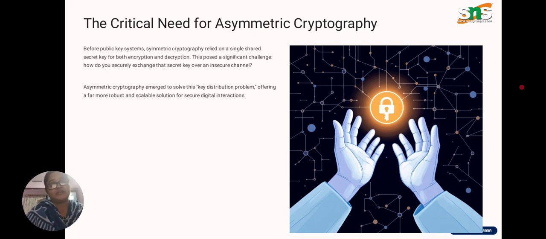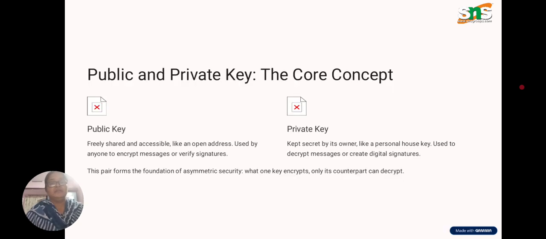This problem is called the key distribution problem, which I explained in my previous video on key management and scheduling. Asymmetric cryptography was introduced to solve this by introducing two different keys. In the next slide, we are going to see what those two keys are, the public key and the private key. This is the core concept of this cryptography.